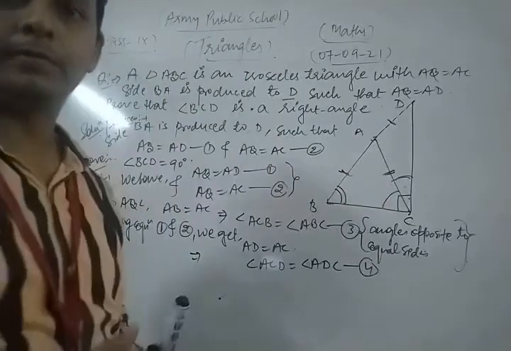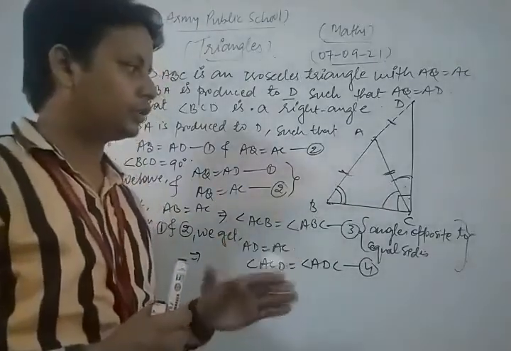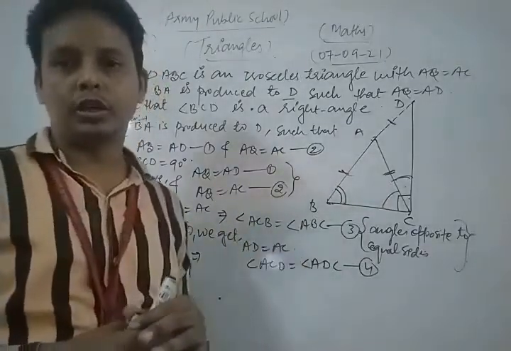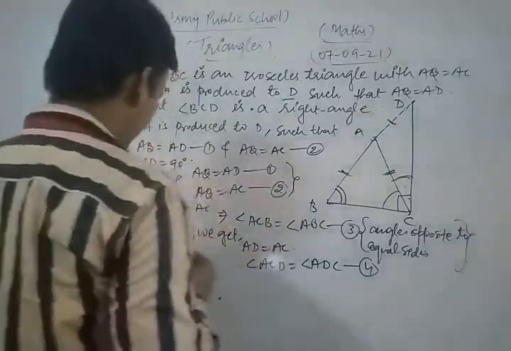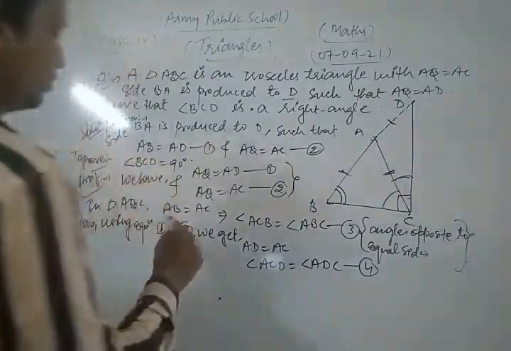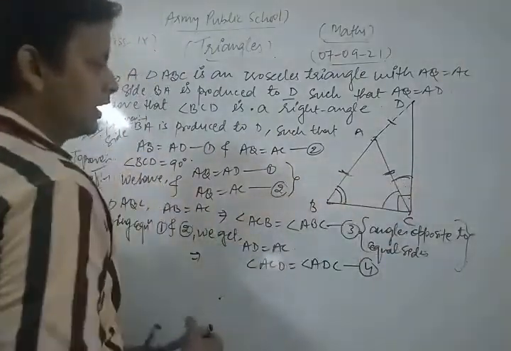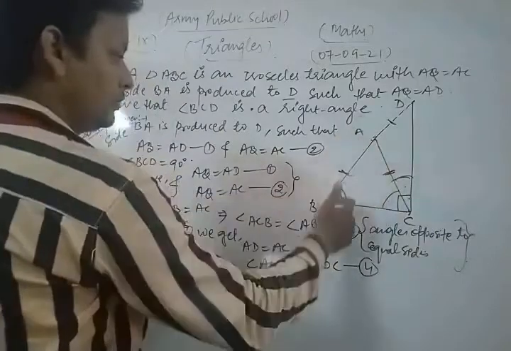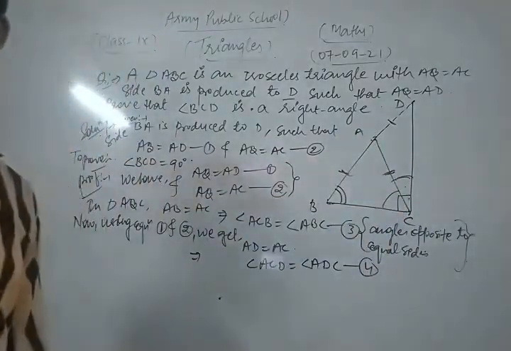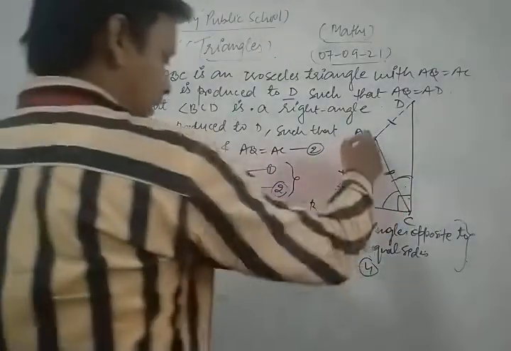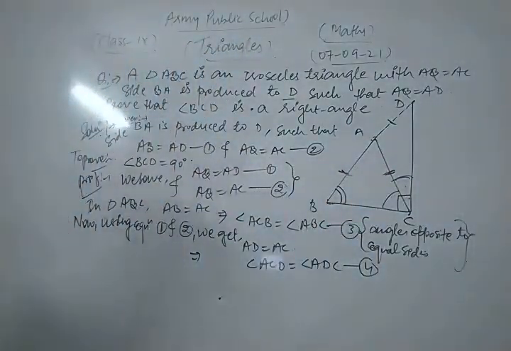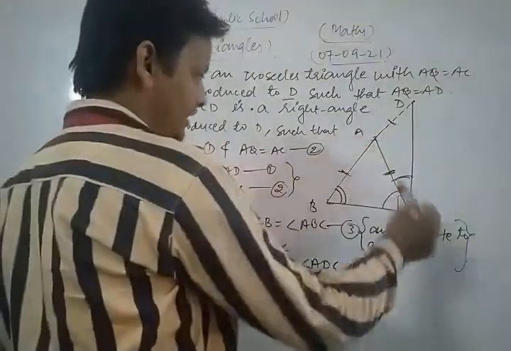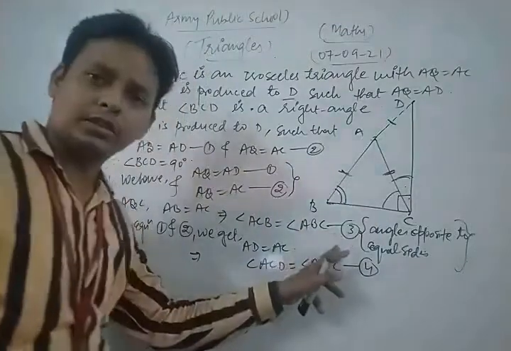In triangle ABC, AB is equal to AC, so angle B is equal to angle C, which means angle ACB is equal to angle ABC. We take this as equation number 3.